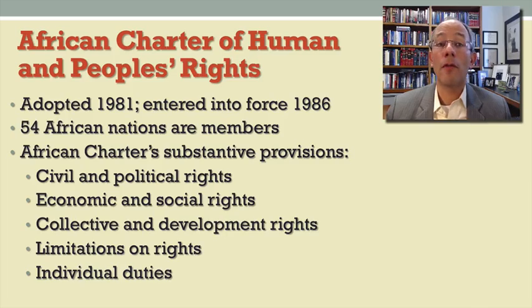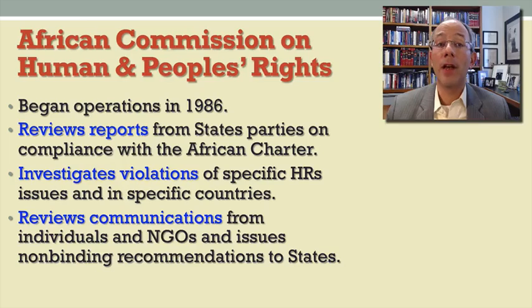Let's turn to an overview of the activities of the African Commission on Human and People's Rights. The Commission began operations in the mid-1980s when the Charter entered into force, and it carries out functions that should by now be quite familiar to you from your study of the other regional systems and the United Nations human rights system.